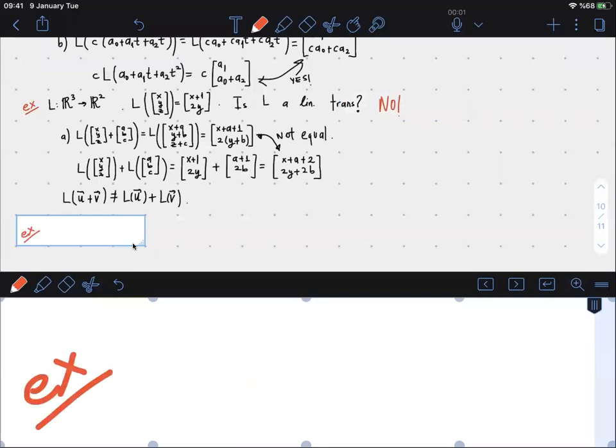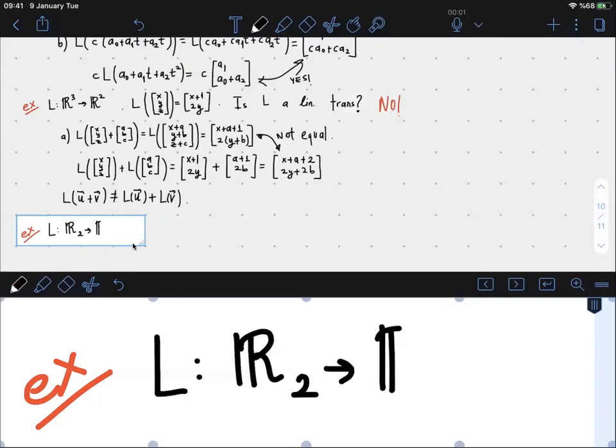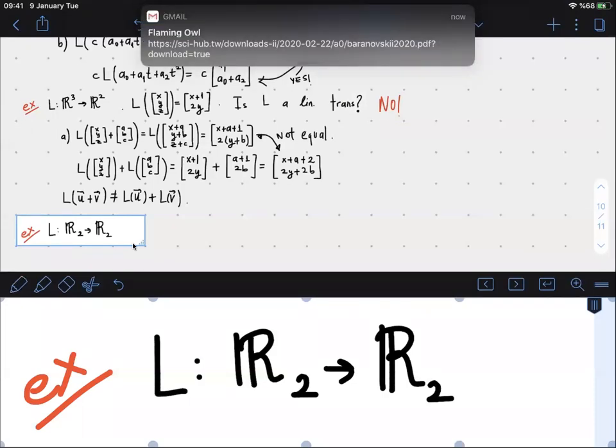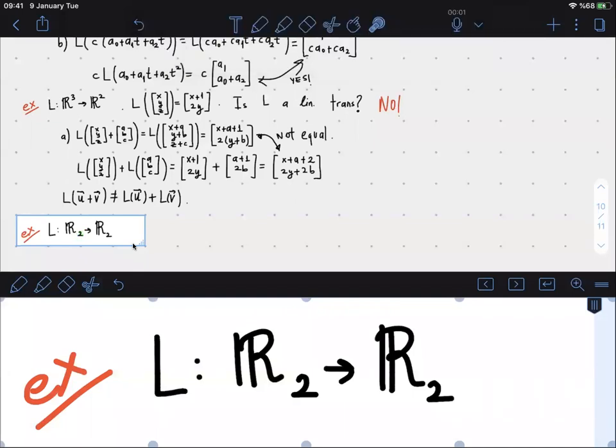Let's look at another example. This time, let's talk about row vectors, okay? So there's not much difference between row vectors and column vectors. In row vectors, I write this row vector as a subscript, okay?